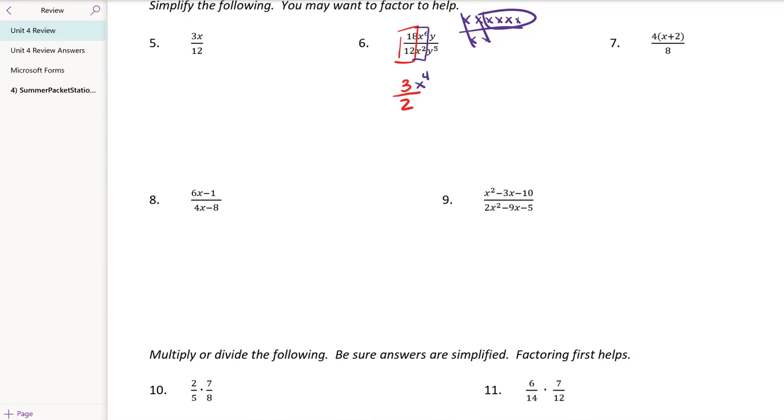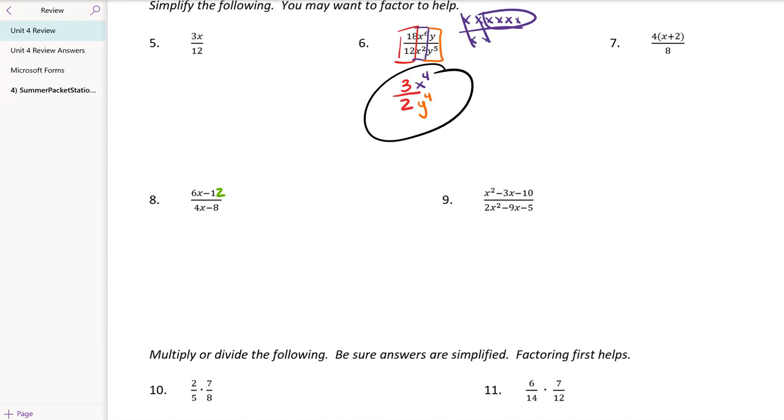Or you just think 6 minus 2 is 4. And then finally, the y's, there's 1 up top, 5 on the bottom. So if I subtract, I'll get 4 on the bottom. And there's your answer.